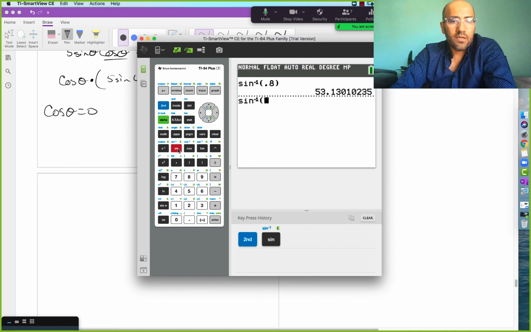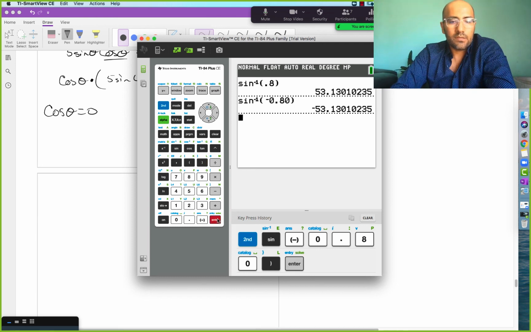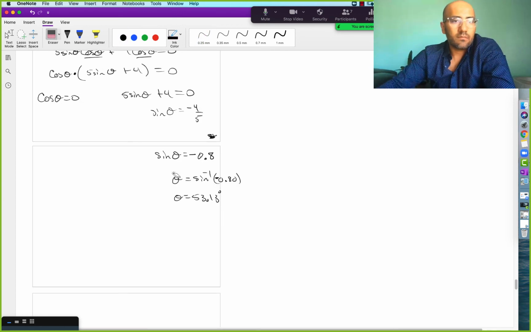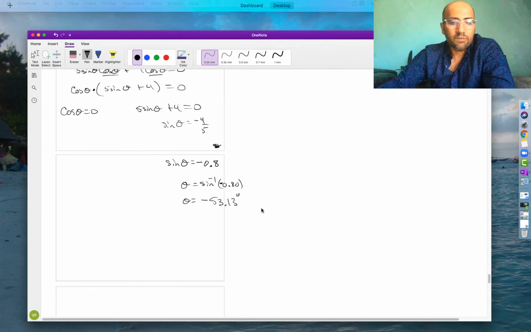So sine inverse of negative 0.8 gives negative 53.13 degrees. Okay, so back to here.